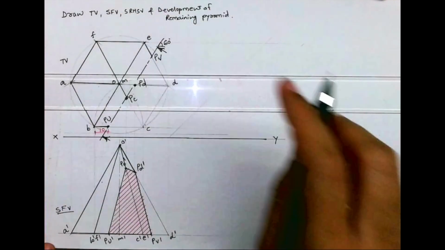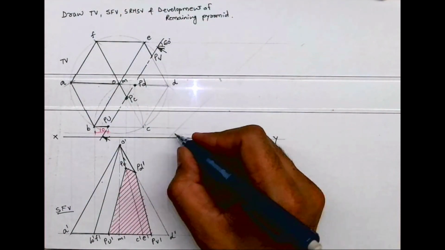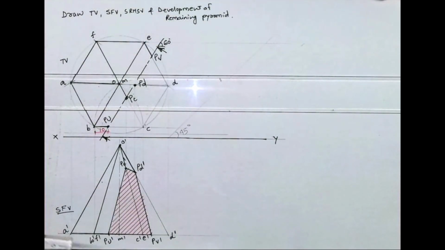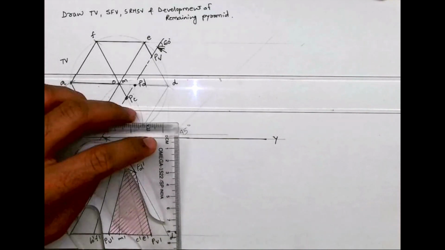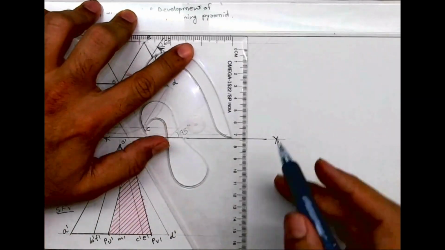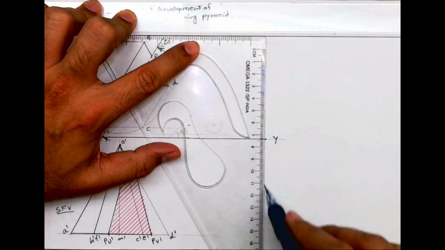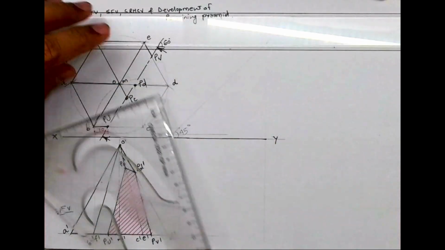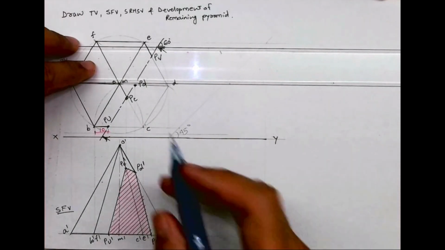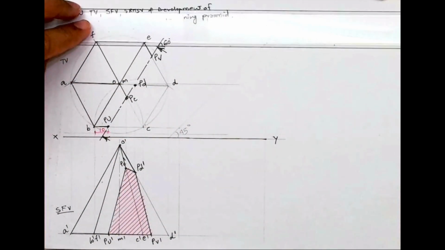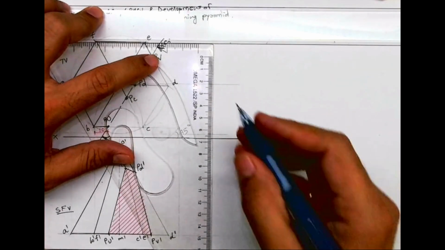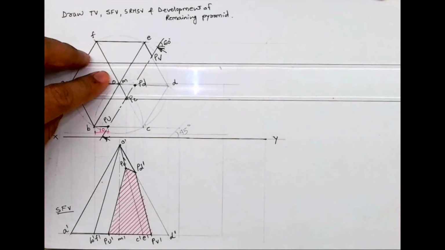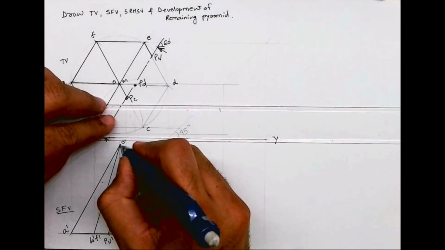Now we need to draw the side view. So to draw the side view, we'll take 45 degrees and we'll project from the top view. We take this middle point also and we mark O double dash from here.